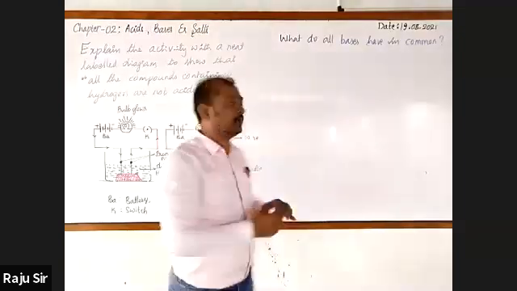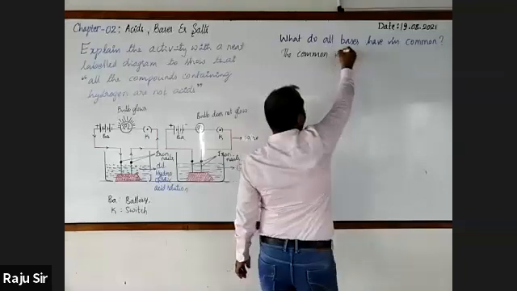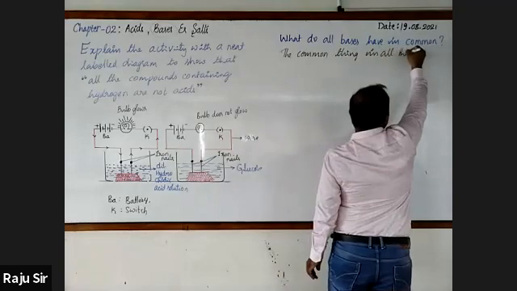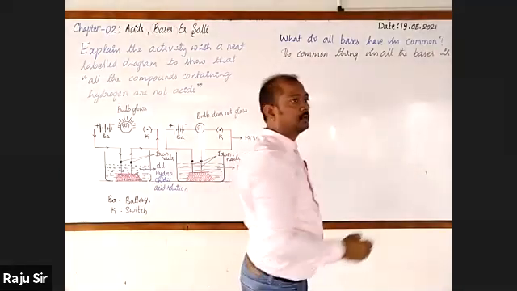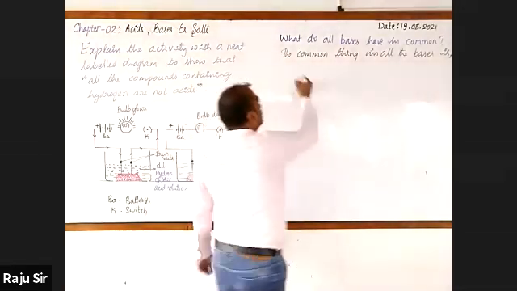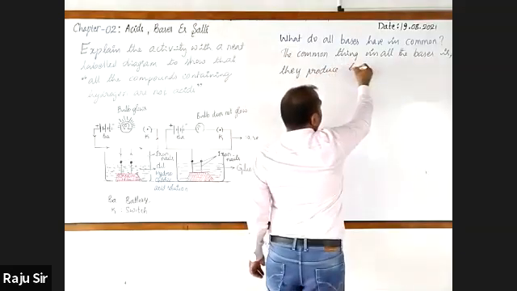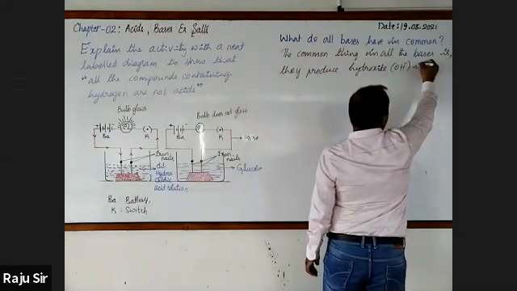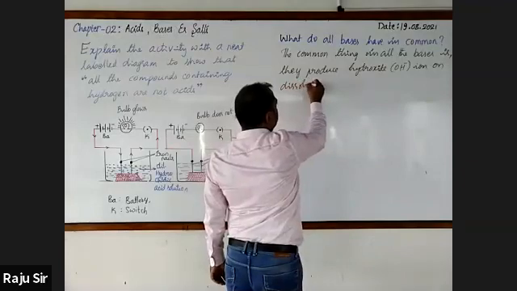The common thing in all the bases is, they release or they produce hydroxide ion, that is OH minus, on dissolving in water.